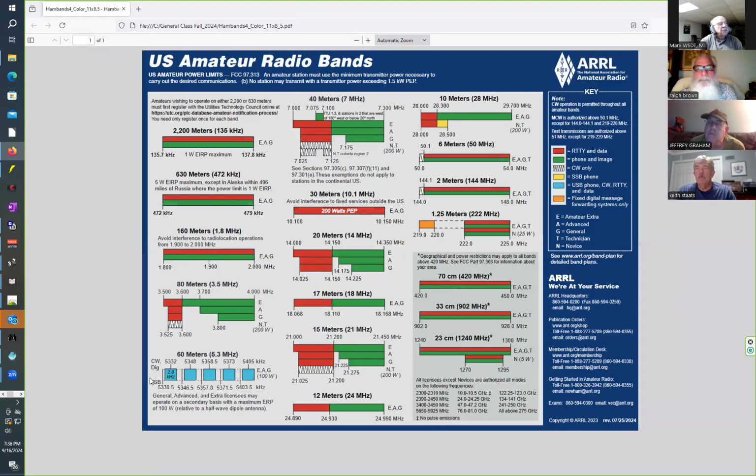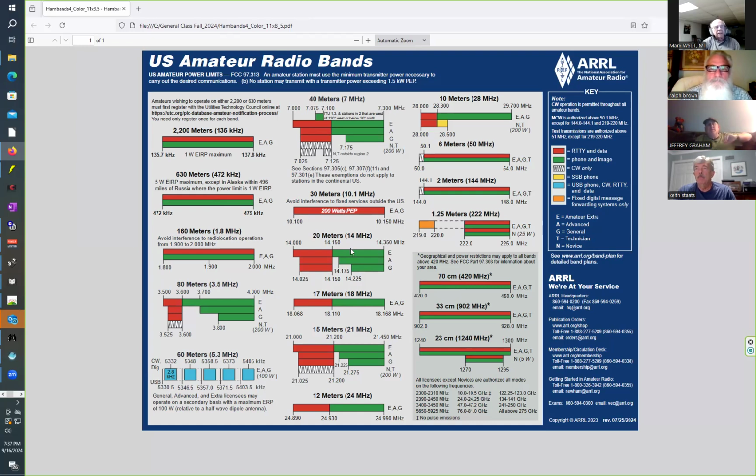I wanted to point something out to you guys here. We talked a little bit a few minutes ago about the width of your signal.